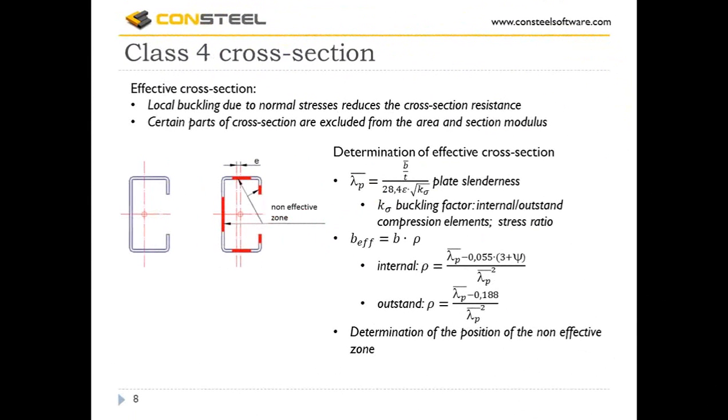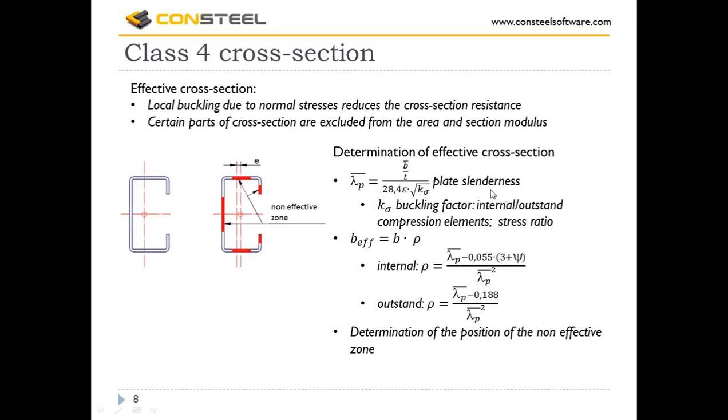What does effective cross-section mean? How can we determine the effective cross-sections? First of all, the plate slenderness has to be determined. It depends on the following parameters: the appropriate width of the plate.